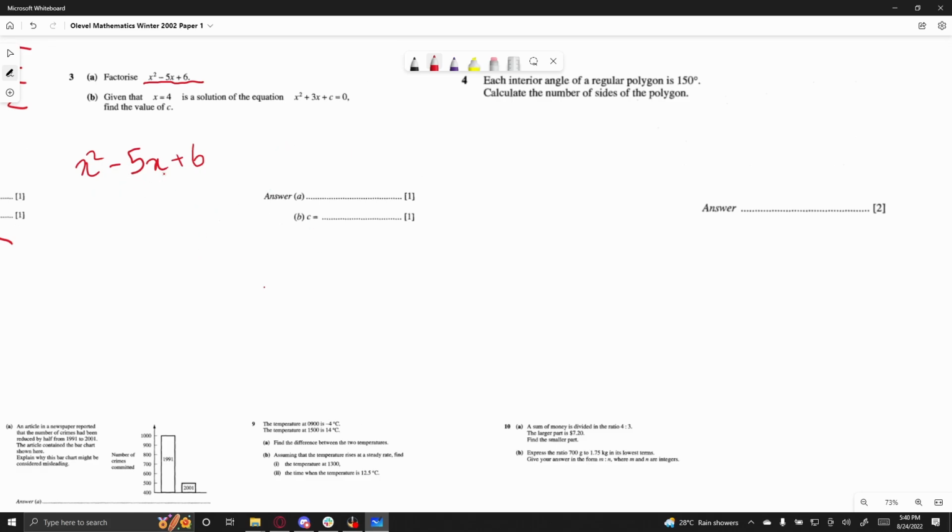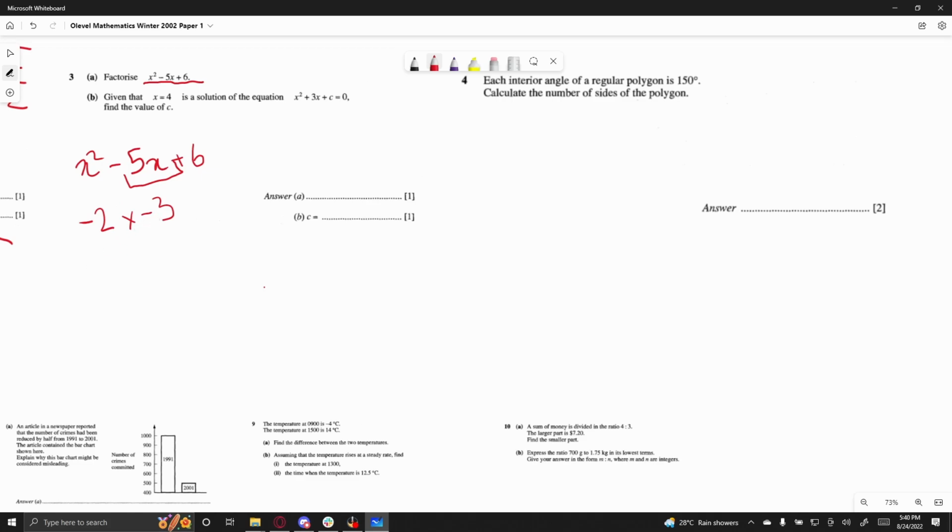All right, so we basically want to break this middle term to make sure that the two numbers we get add together to make 5 and multiply together to make 6. The two numbers I can think of right away are -2 multiplied by -3, which makes +6.